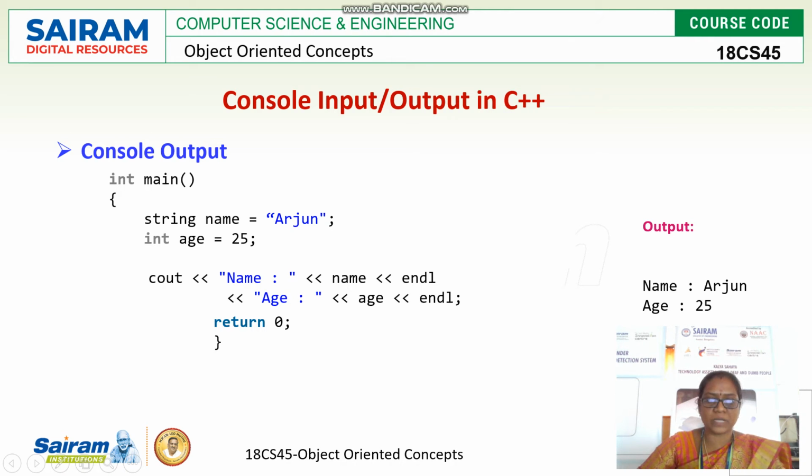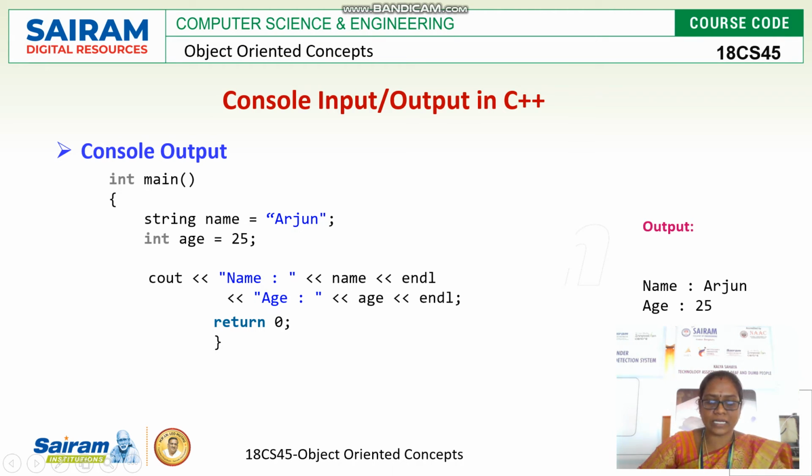How can we display this? We know that Arjun is the value for the name. So within the quotation, using the operator called the less than symbol, we can give the title as "Name:". We should close the title within the double quotes.